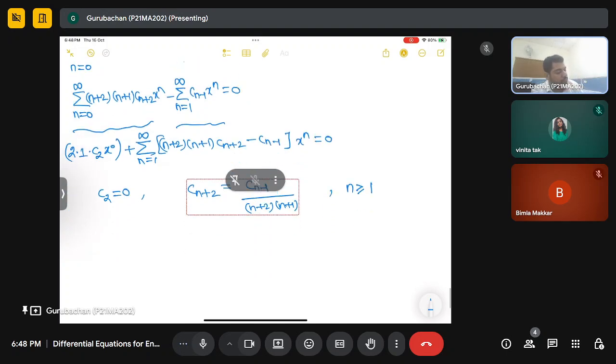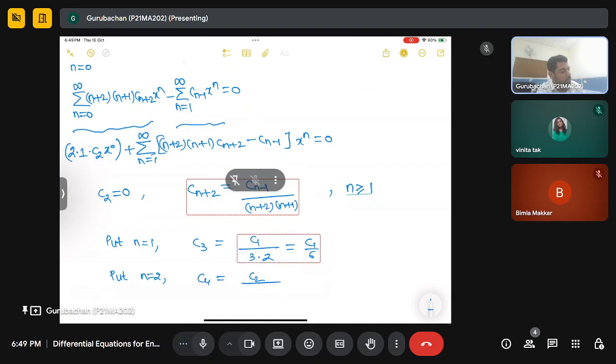So from here, put n equal to 1. C3 will be C0 divided by 3 into 2, that is C0 by 6. Put n equal to 2, C4 will be C1 divided by 4 into 3, that is C1 by 12.